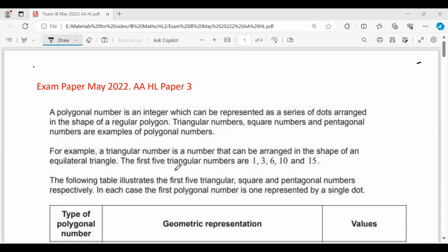The first 5 triangular numbers are 1, 3, 6, 10, and 15. The following table illustrates the first 5 triangular, square, and pentagonal numbers, respectively. In each case, the first polygonal number is 1, represented by a single dot.